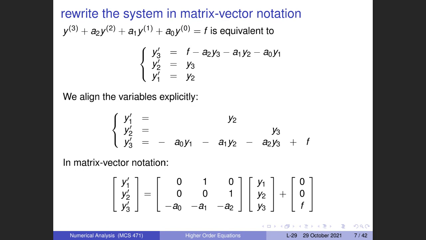All right, so this is our first example of a linear system, where in general we will have y prime equals A times y plus some function.